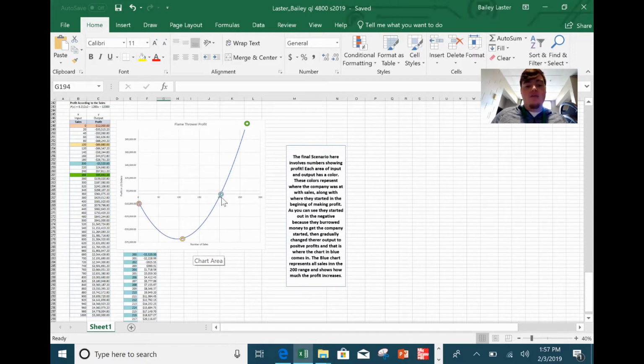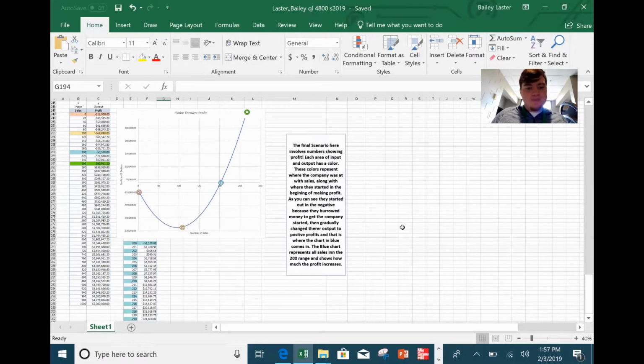After that, they're just strictly profit. They're advancing their company. So after looking at the flamethrower sales, you can see that they started in the negative, but they ended in a positive outcome. I'm going to read you the scenarios report just to let you know some more detailed information.